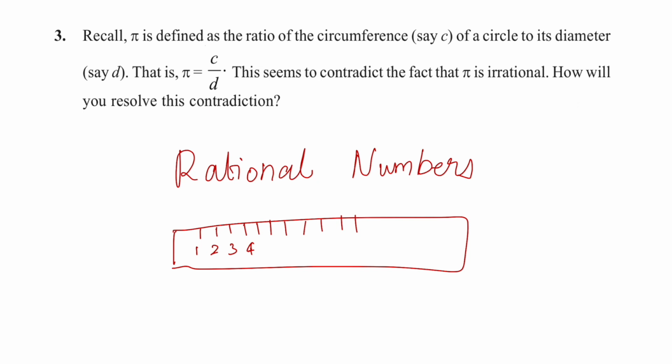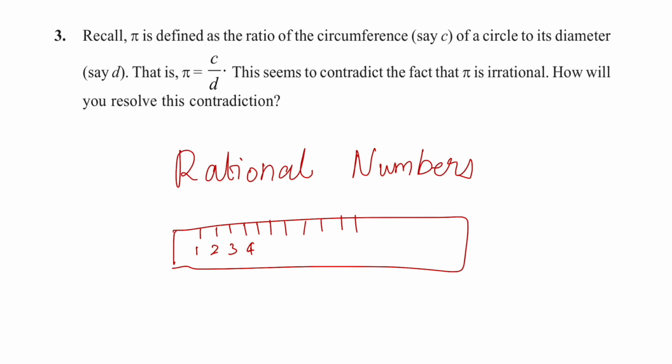So when using a measuring instrument that measures only in rational numbers, you would only get a rational number as the measurement. So in that case, the circumference and the diameter both would be rational numbers, and hence you would be coming up with a value of pi that is rational.